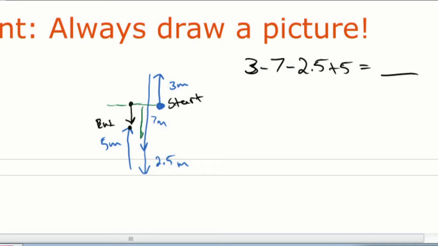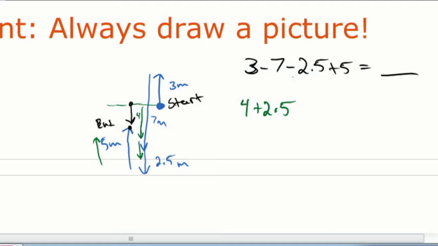Going down 4, because that is what's left, and then I've gone down another 2.5, then I've gone up 5. So I'm going to think of it as going down 4, and then down another 2.5, and then up 5. So I'm going to add 2.5 to that. Then I'm going to go up 5.